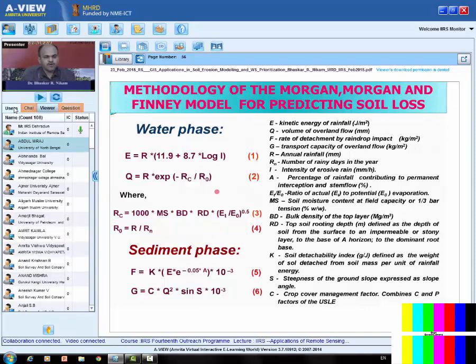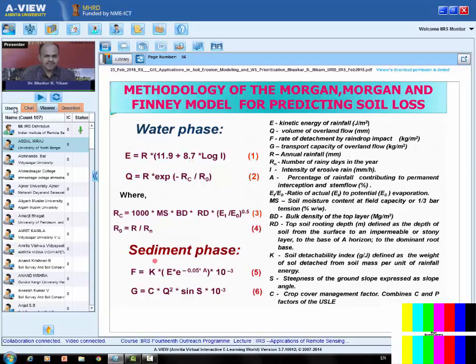So in the water phase, you require the annual rainfall, the average intensity of all rainy events, and the number of rainy days, so you can calculate rainfall per rainy day. You require soil information like the soil moisture at field capacity and the bulk density of soil. You require the land use map to know the root zone depth and the ratio of actual evapotranspiration and potential evapotranspiration. If this information is available, you can solve both parameters in the water phase.